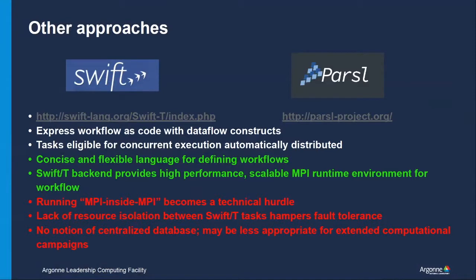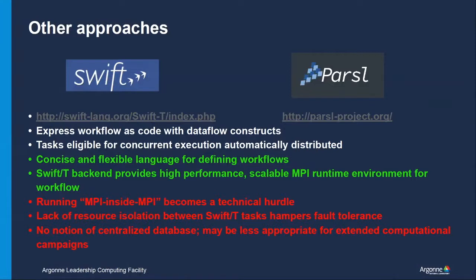So Swift has a C-like syntax and is a data flow language, and Parcel is a Python library that gives you some decorators to annotate code with data flow constructs and control basically the order of execution of tasks. These are very powerful ways to encode a workflow. If you can describe it this way, it's very concise.